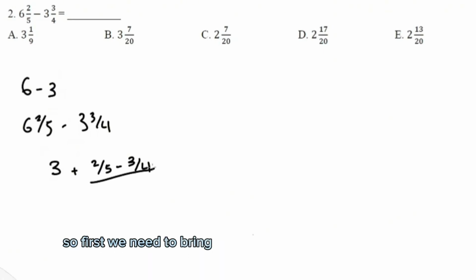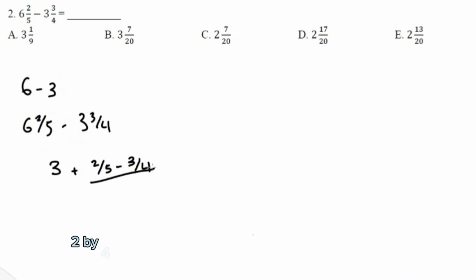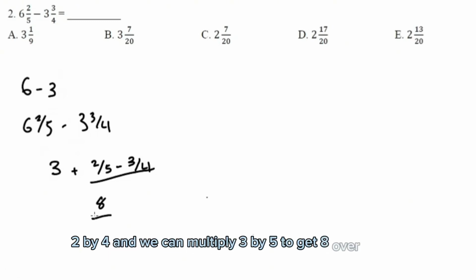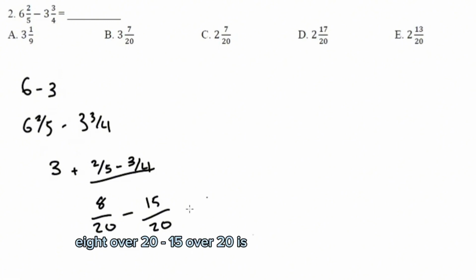First we need to bring them to a common denominator. The common denominator of 5 and 4 is 20. So we can multiply 2 by 4 and 3 by 5 to get 8 over 20 minus 15 over 20. Alright, 8 over 20 minus 15 over 20 is equal to negative 7/20.